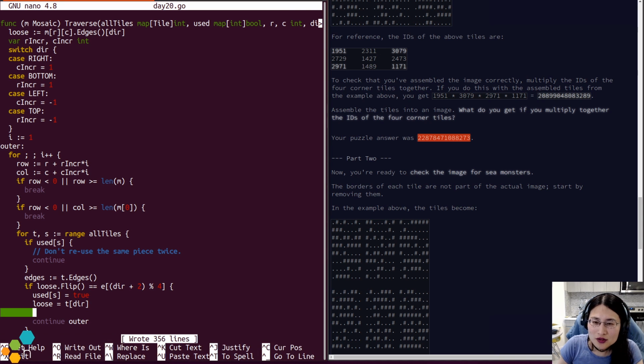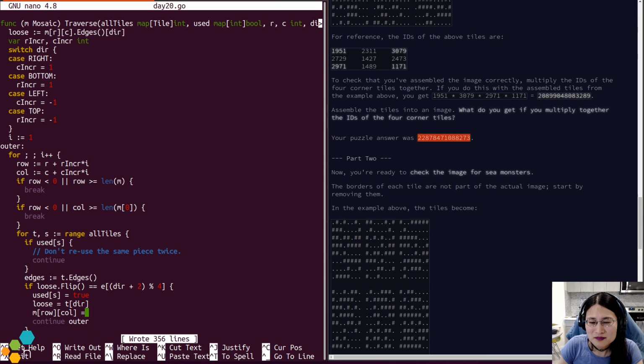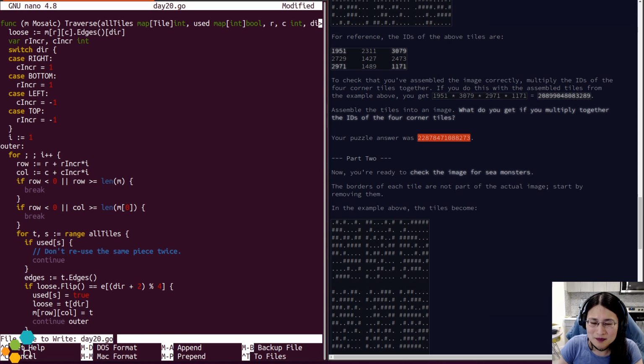And now we need to save this tile. So m of row of col will be t.